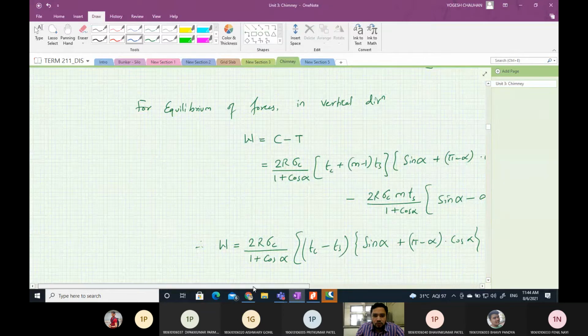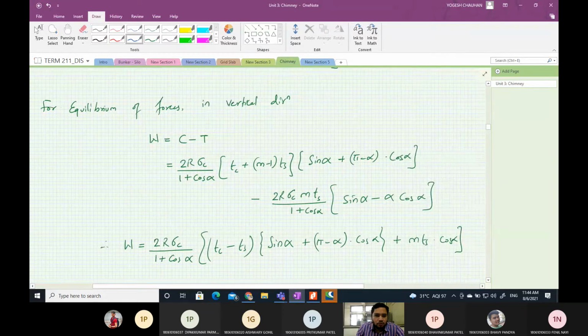W is equal to 2R sigma C by (1 plus cos alpha) times [(Tc minus Ts) sin alpha plus (pi minus alpha) cos alpha plus m times Ts cos alpha]. Now we know the value of alpha, so we can substitute all the known values, so we can get the value of sigma C.